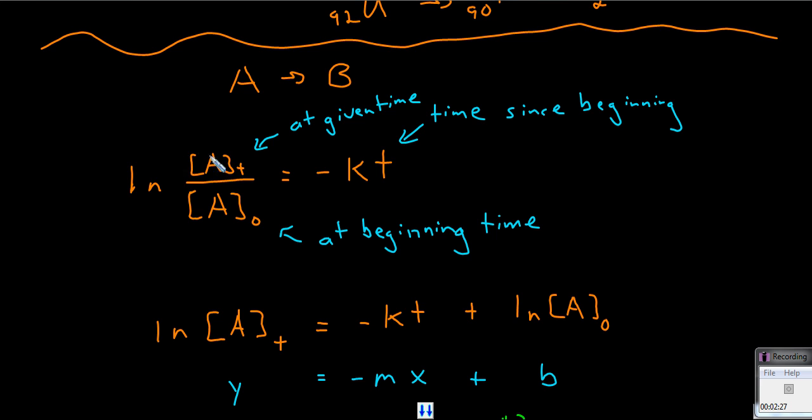The natural log of this ratio is equal to negative kt, where k is your rate constant and t is the time that the reaction progresses to go from A0 to At. Of course, your time needs to be in the same units as the reciprocal time units of your rate constant. Now this equation can also be written as: ln of A at a given time is equal to negative kt plus the natural log of the concentration of reactant initially at time 0.